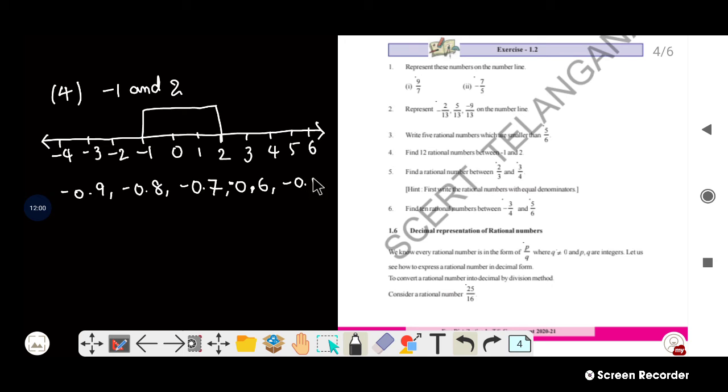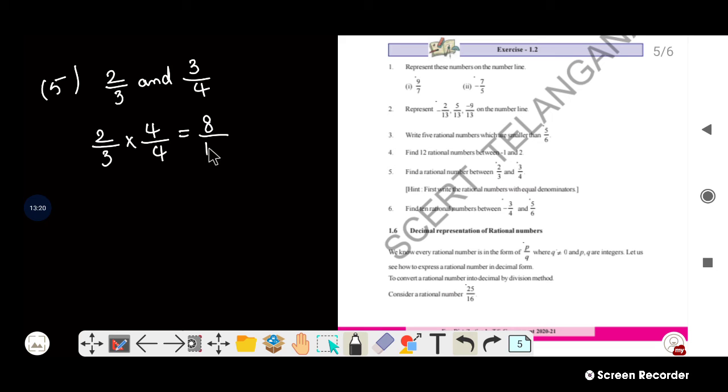So minus 0.5, minus 0.4, sorry, yes, 4 only, minus 0.3, minus 0.2, comma, minus 0.1, comma. So 0, 0.1, 0.2. So these are between the -1 and 2. So 12 rational numbers. Okay now. So we'll go for the fifth question.